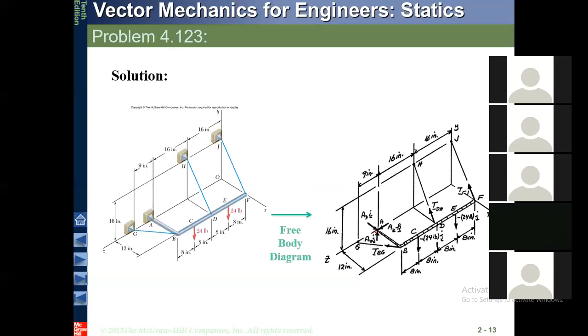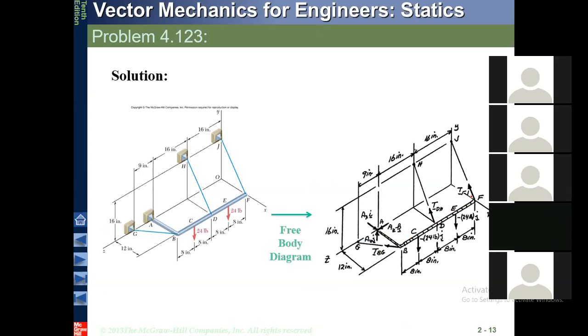And also you're going to have three forces along the three basic directions, AX, AY, and AZ at point A, and you do not have any couple here because it's a pin support. So basically, you do not have any constraint about the rotation about point A. So you call it a pin support or ball and joint support. So here you have AX, AY, AZ, TBG, TDH, and TFJ.